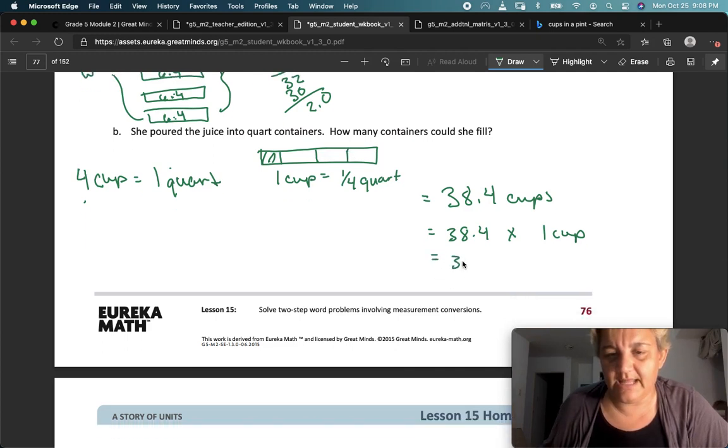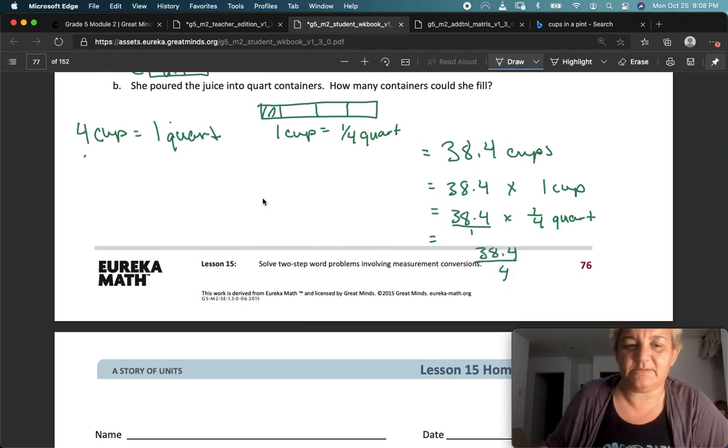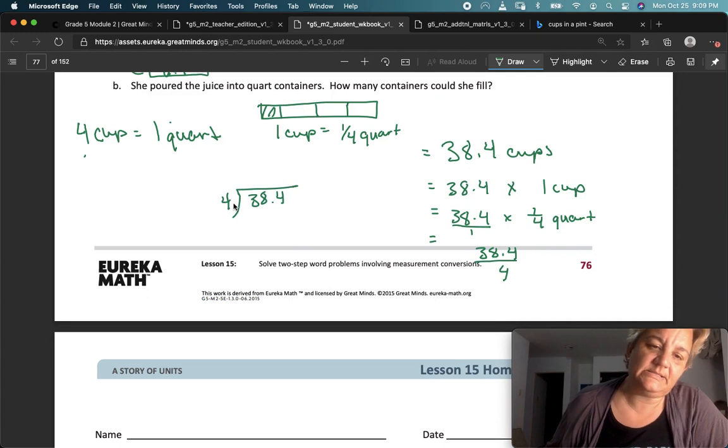So 38.4 times 1/4 of a quart. I should be able then to, I'm going to pretend there's a 1 under there, and multiply across, 38.4 divided by 4. So I'm going to move that over here. And 4 goes into 38 9 times, which is 36.